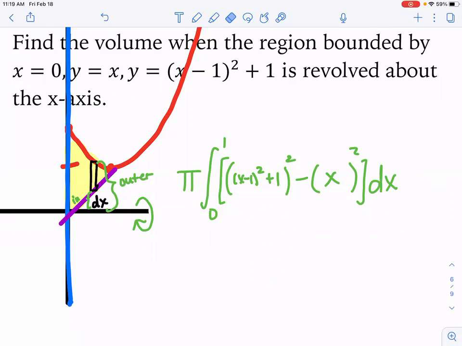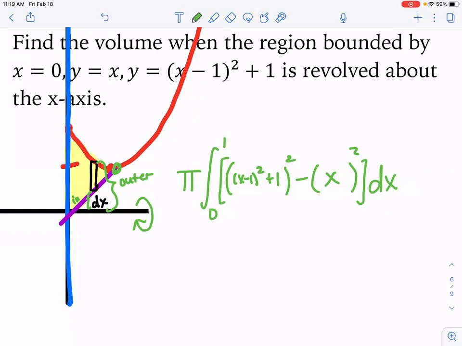Why is it 0 to 1? Because this starts at x equals 0, and this intersection point right here is 1. Like when the area goes, we're doing dx and it goes up to 2.